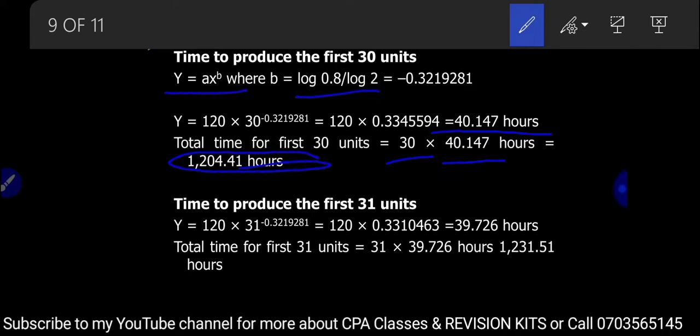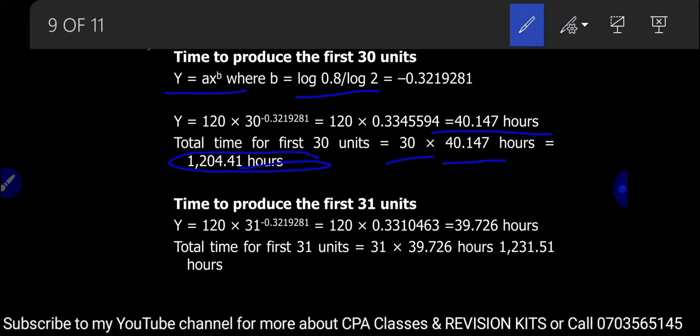Now we need to find out the time to produce the first 31 units. Remember, the other time is to produce 30 units. Now this time is to produce the first 31 units. So in this case, our x is 31. The rest of the variables remain the same. So y equals a, the time taken to produce the first unit, that is 120, times our x, which is now 31, power b.